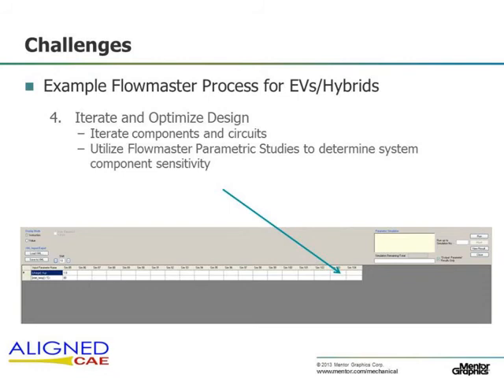After we combine our circuit and we run our initial transient analysis, what we'll do is look at iterating and optimizing the design based on the transient analysis result. And we will start by using the parametric study tool inside of FlowMaster. One of the areas that we use a parametric study for is to run a typical charge determination cycle for refrigerant.